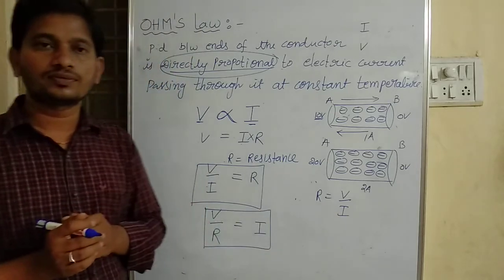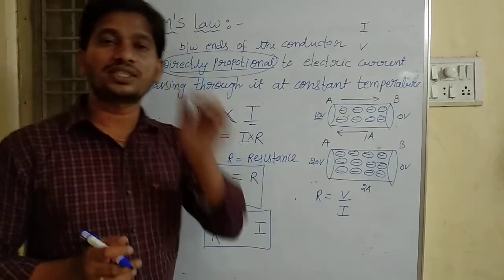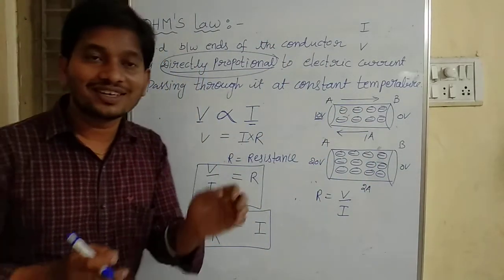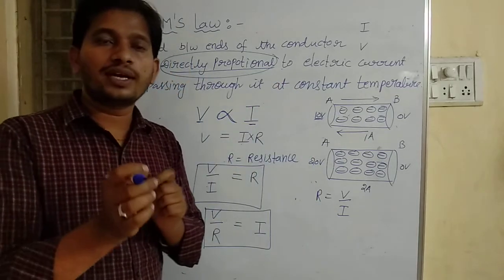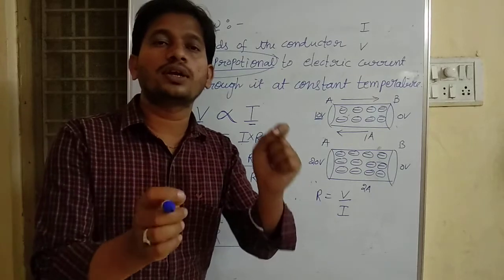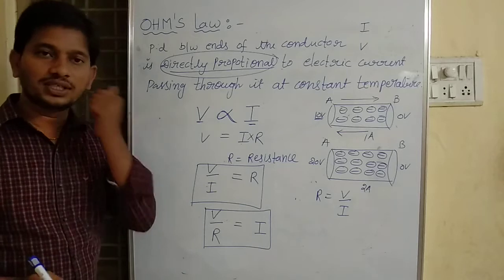When resistance is increasing, electric current is decreasing, as resistance is obstruction for the flow of current. Current and resistance are inversely proportional to each other.